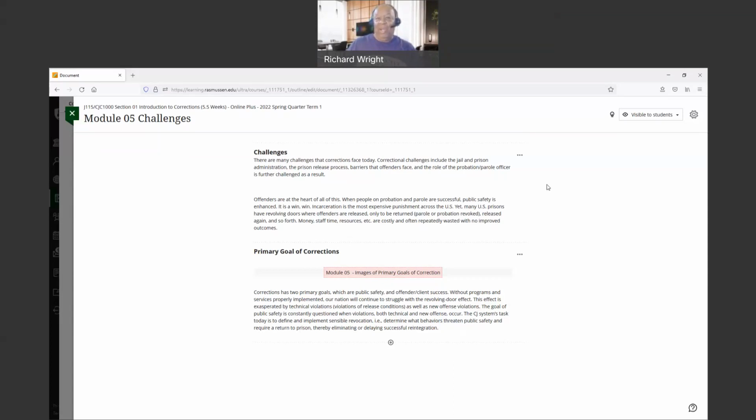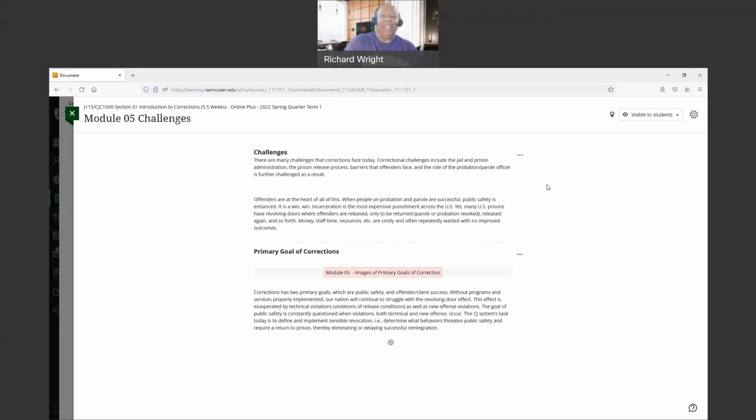And so we operate with what we call sensible revocation. So we determine whether the behavior threatens public safety, which would require a return to prison. If there is a threat to public safety in the actions, then it is inevitable that that person will unfortunately go to prison or jail.